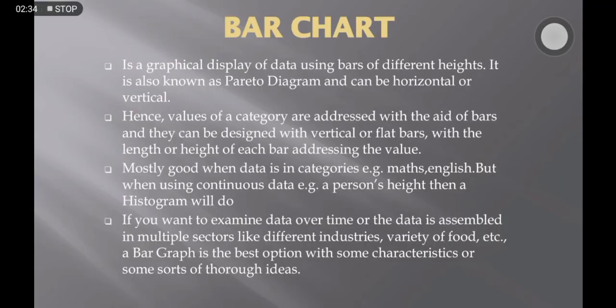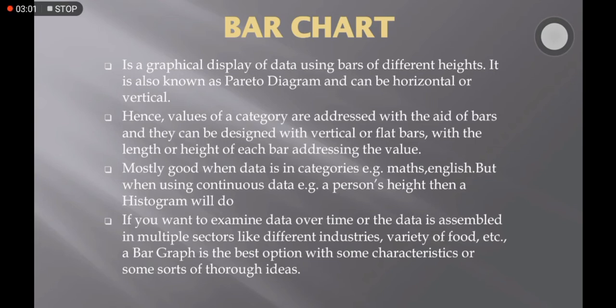It is a graphical display of data using bars of different heights. It is also known as a Pareto diagram and can be horizontal or vertical. Values of a category are addressed with the aid of bars, and they can be designed with vertical or flat bars, with the length or height of each bar representing the value.